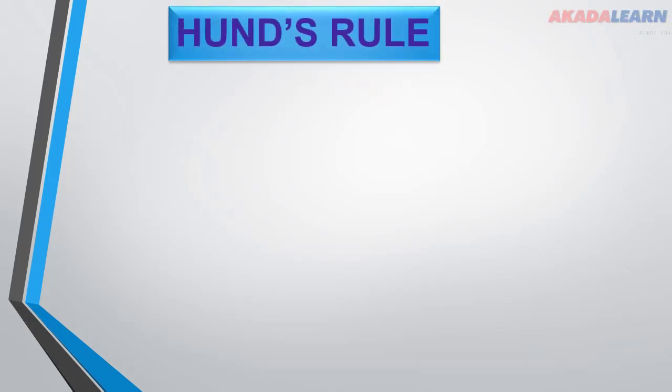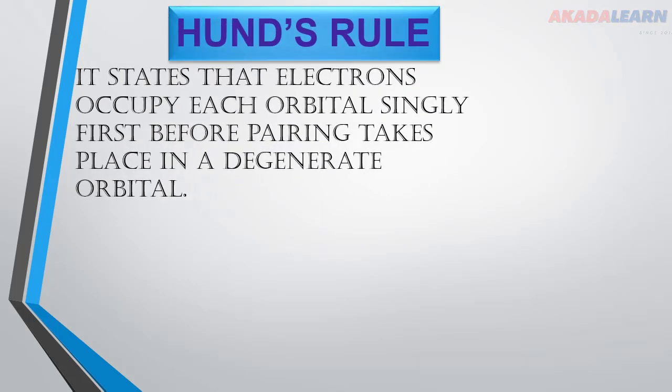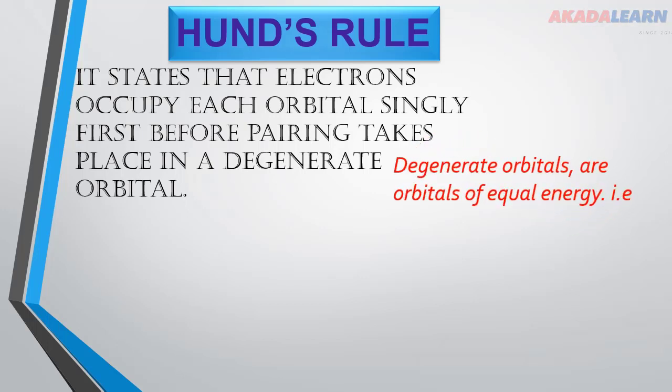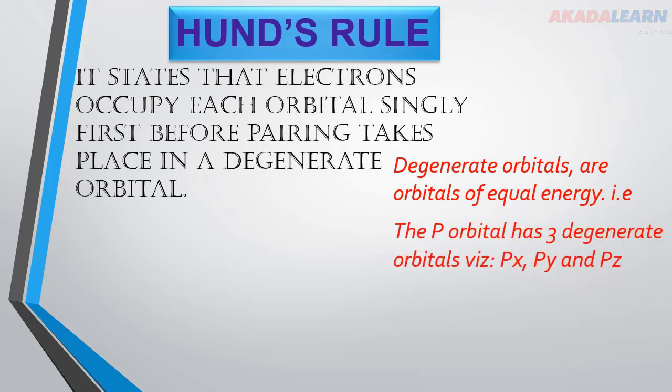Hund's rule states that electrons occupy each orbital singly first before pairing takes place in a degenerate orbital. Now, degenerate orbitals are orbitals of equal energy. That is, the p orbital has 3 degenerate orbitals: the px, the py, and the pz.